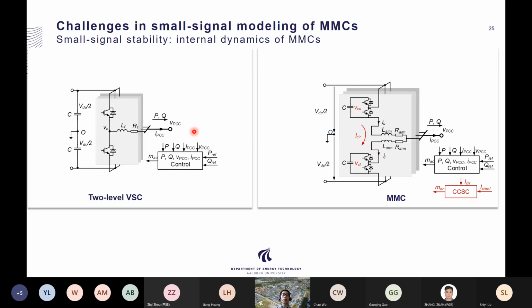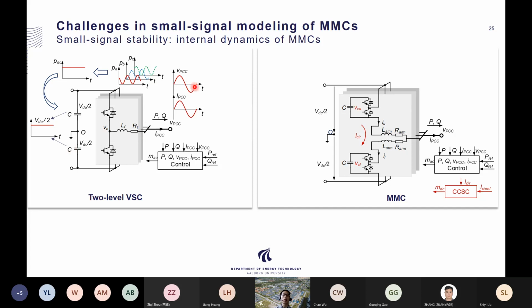At the beginning, I would say that the impedance modeling of the two-level voltage source converter is quite mature. The basic reason is that the two-level voltage source converter has a centralized DC link capacitor. So basically, although we have sinusoidal, 50 Hertz PCC voltage and current, we can always transform them into the DQ frame.